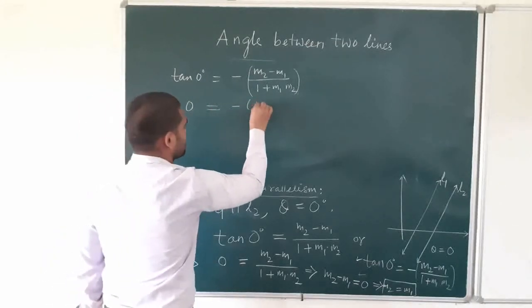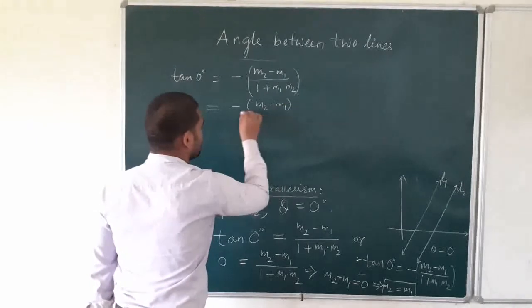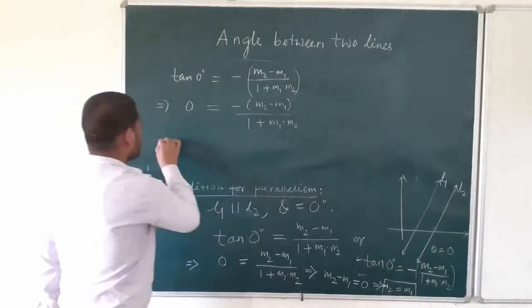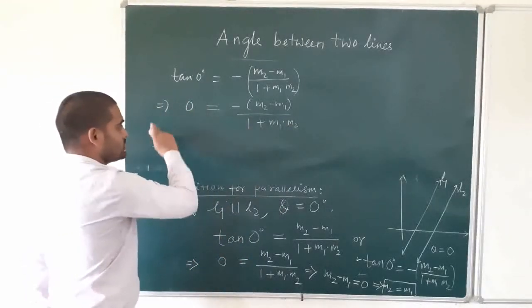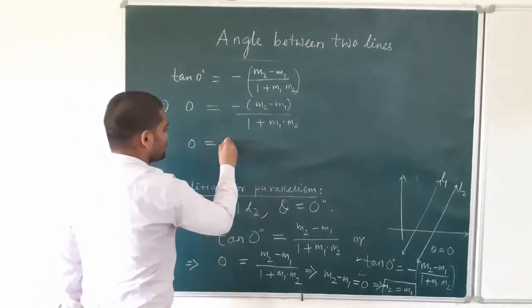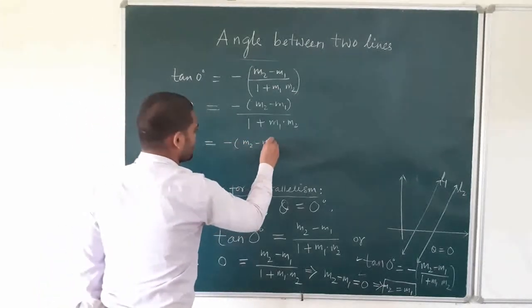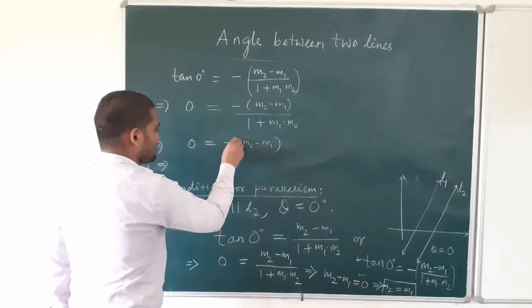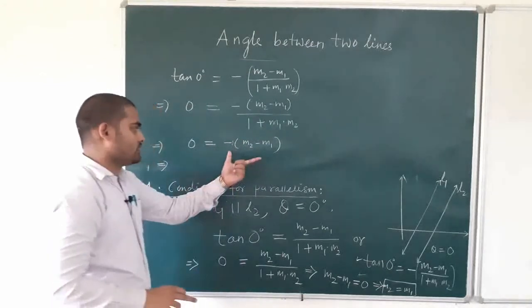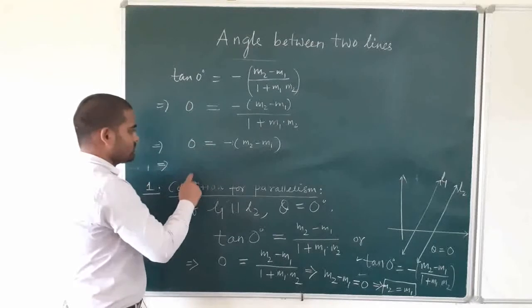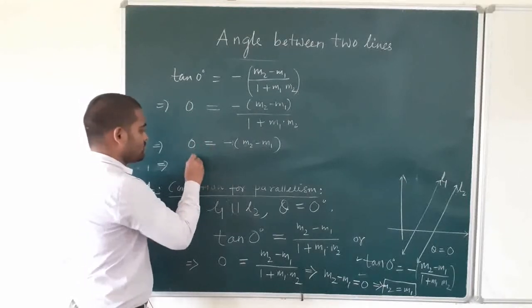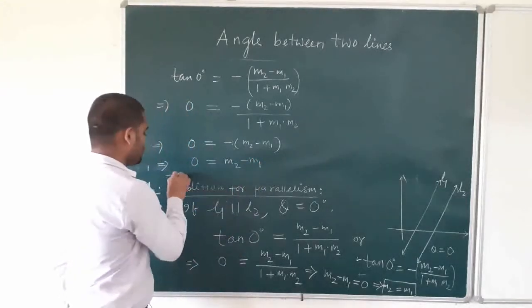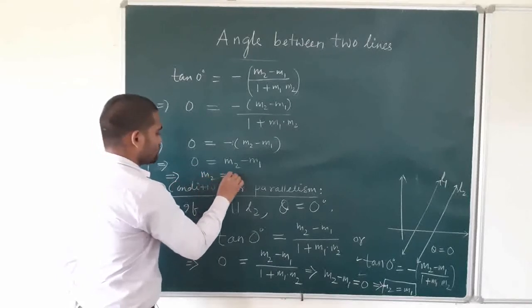Here minus m2 minus m1 is equal to 0, and you multiply minus 1 on both sides, then you get m2 is equal to m1.